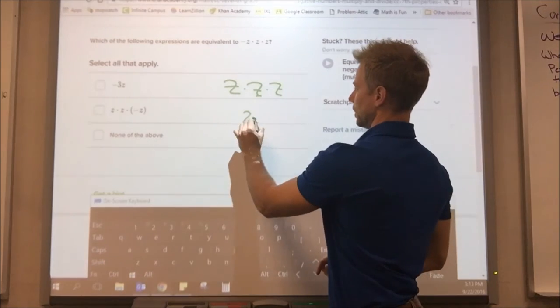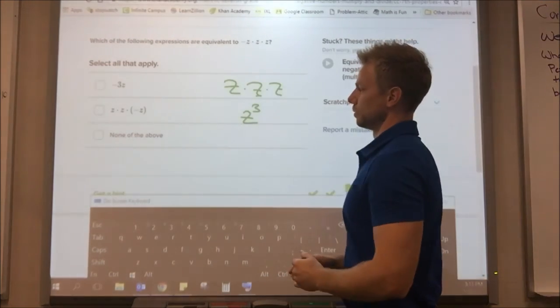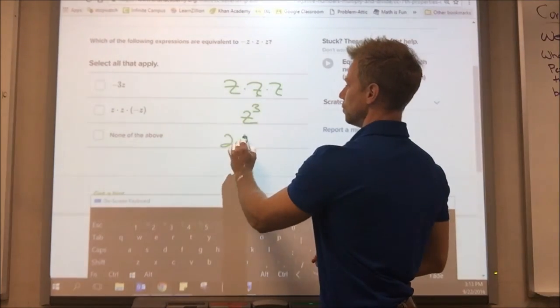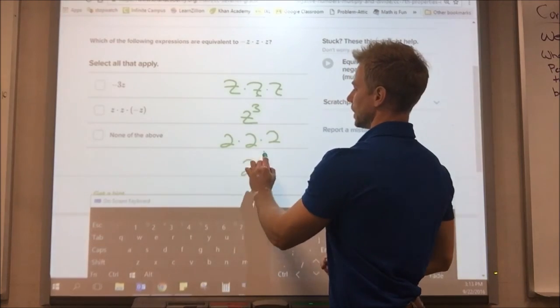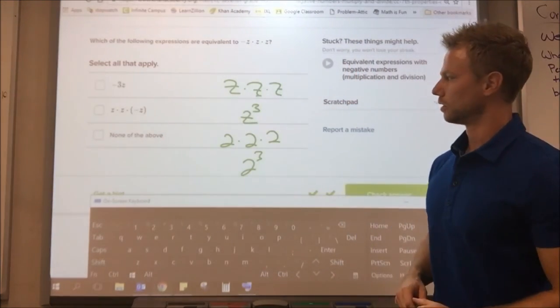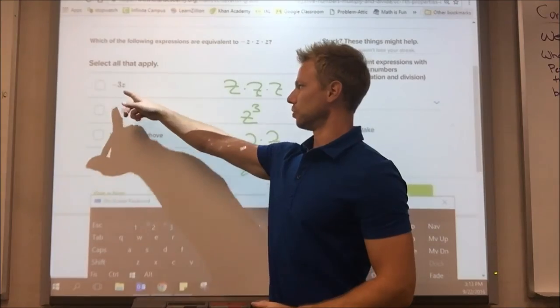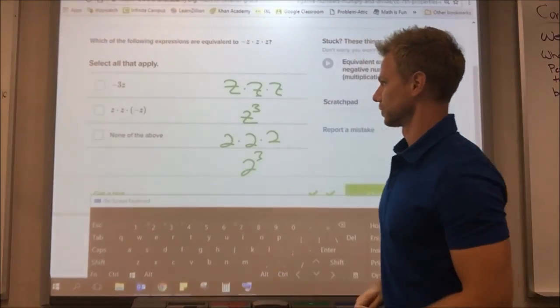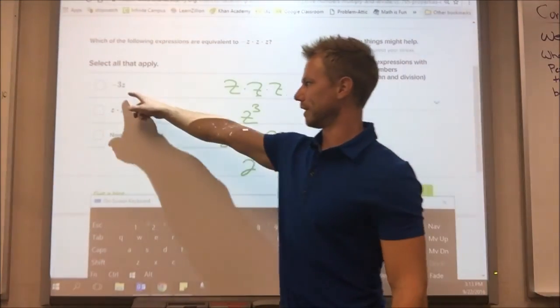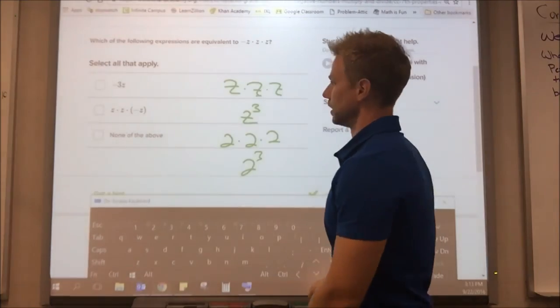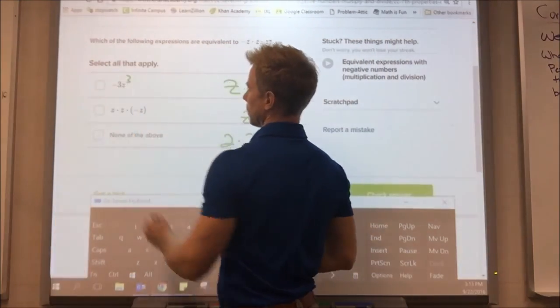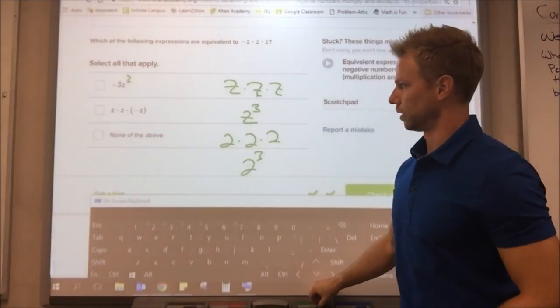That would actually be z cubed. Okay, if I did 2 times 2 times 2, that would be the same as 2 cubed. It would not be 3 times 2. Okay, so this first one will not work because it would actually have to be an exponent of 3 in order for it to work, but it's not.